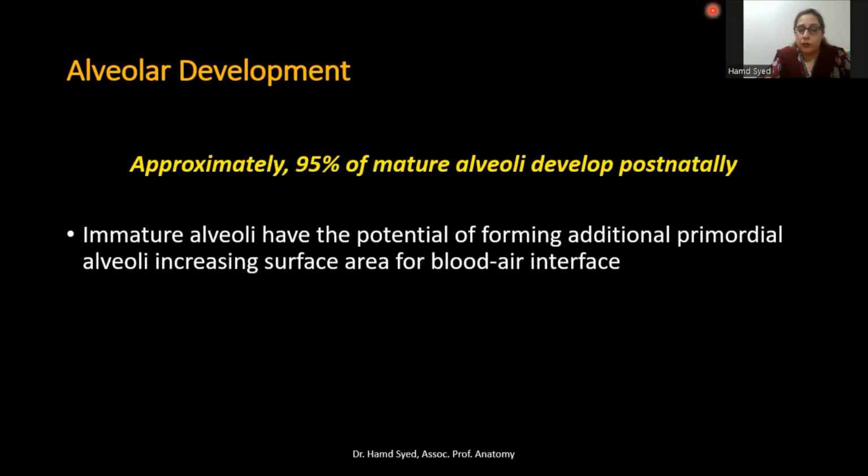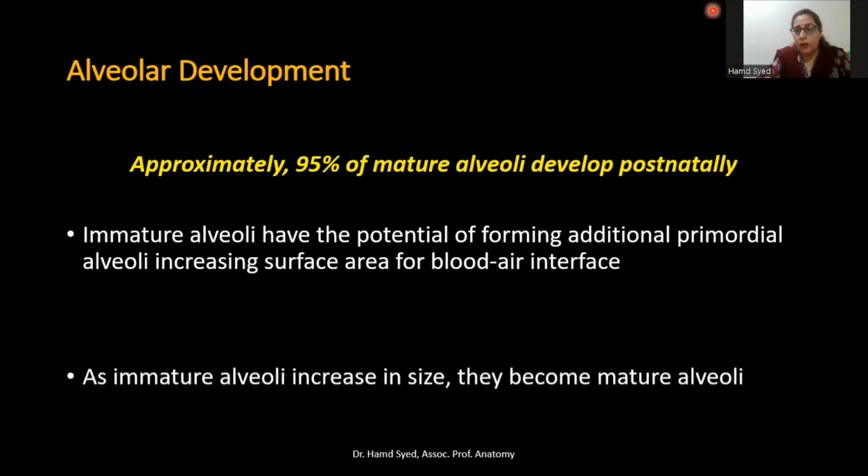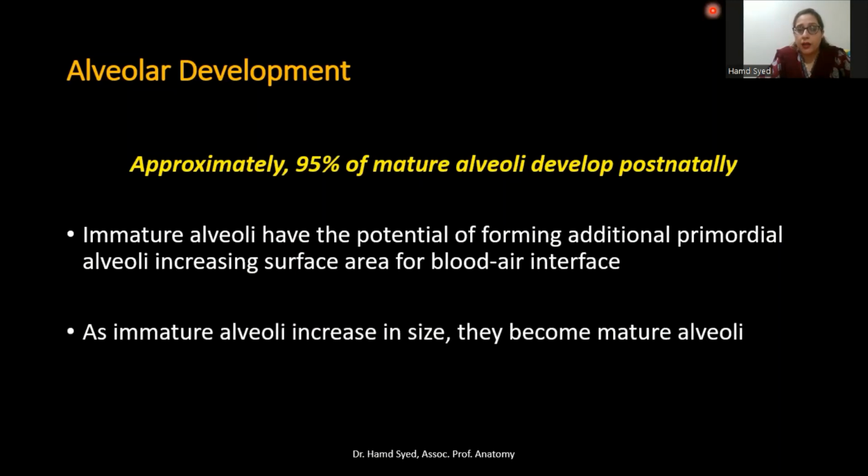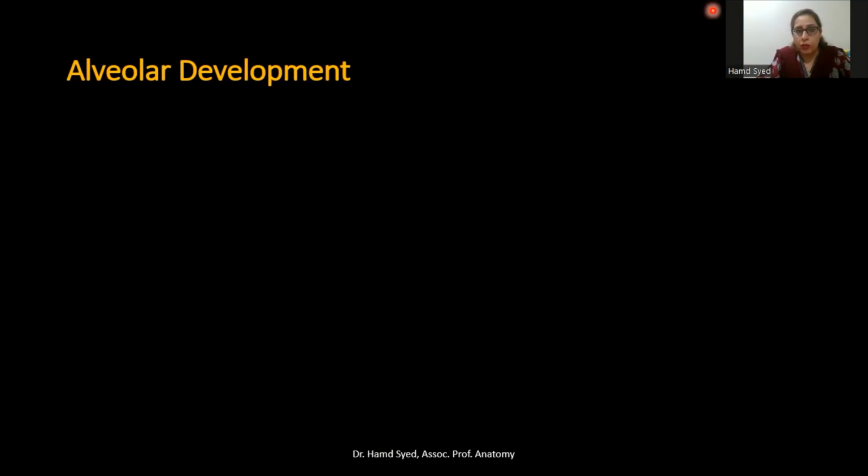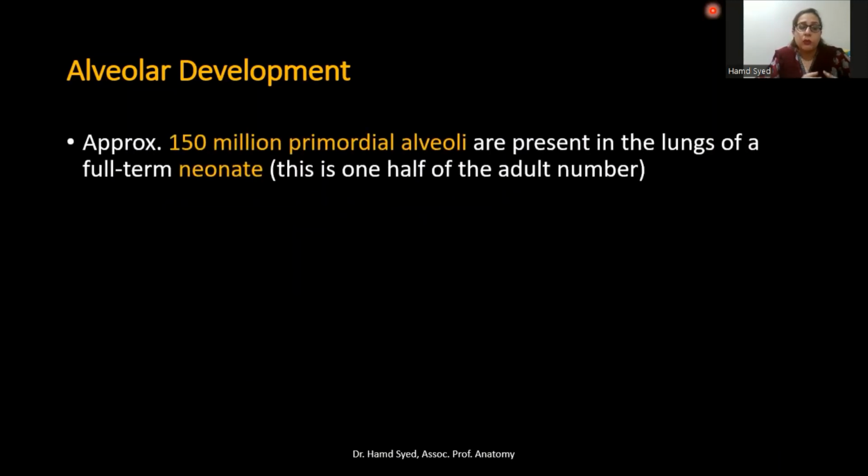The immature alveoli are those which have the potential of forming additional primordial alveoli, and therefore they can increase the surface area for the blood-air interface. And as these immature alveoli increase in size, they become the mature alveoli. There are approximately 150 million primordial alveoli present in the lungs of a full-term neonate.